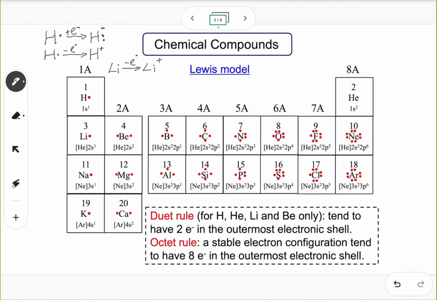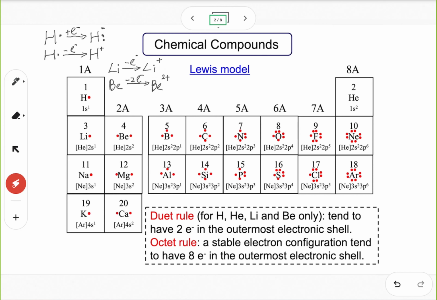Remember, shell means the electrons on the orbitals with the same principal quantum number n. Beryllium has 2 electrons on the 2s orbital, so it tends to lose 2 electrons to form the beryllium 2 plus ion. In this case, you only have 2 electrons left, and those 2 electrons for beryllium 2 plus would be on the 1s orbital.